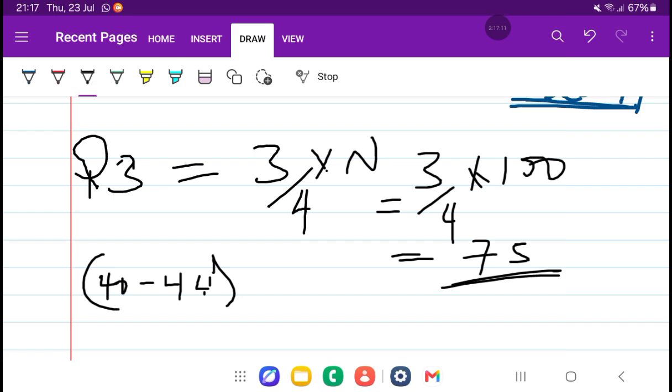Then we substitute into the formula. This is Q3.